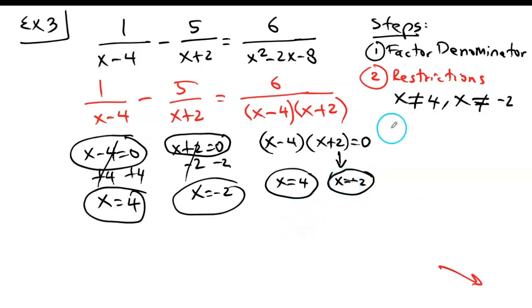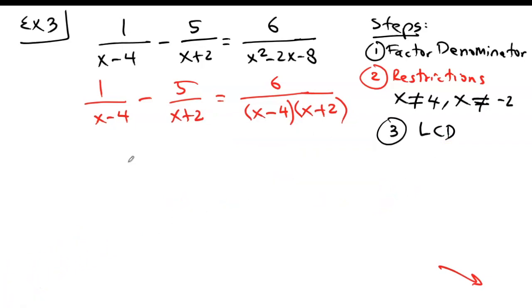Next, find the LCD, right? That's my next step. So let's erase and let's find the LCD. Every factor should be in parentheses. So every factor, let's see, x minus 4.